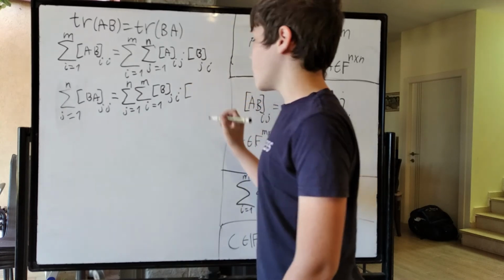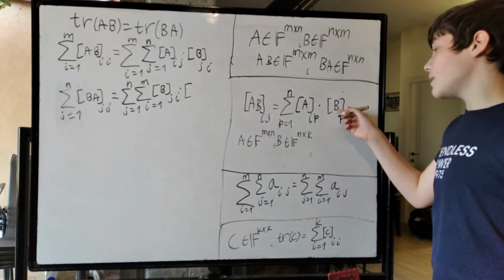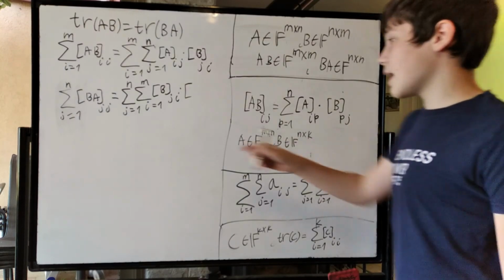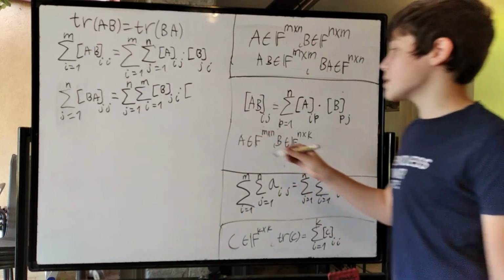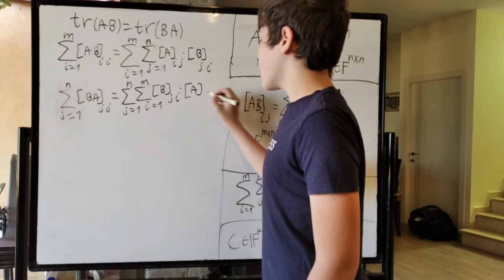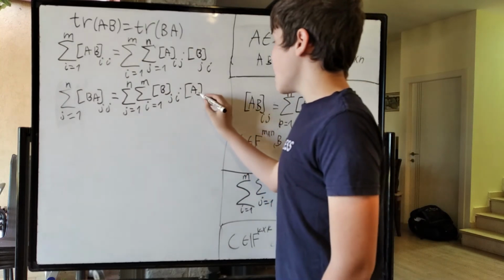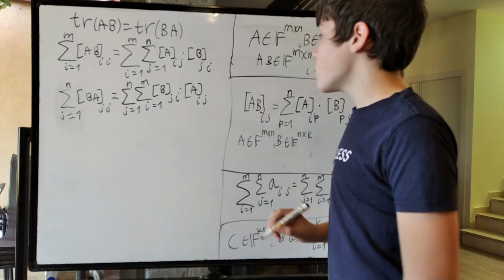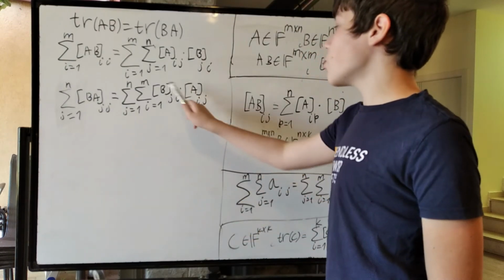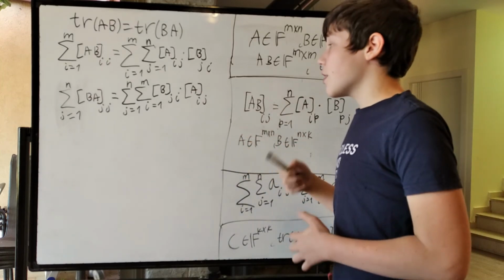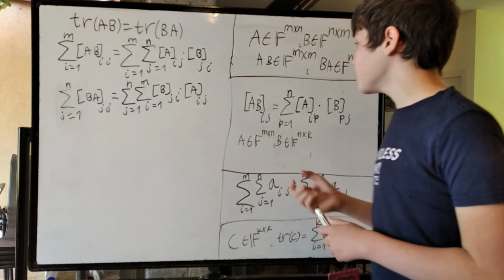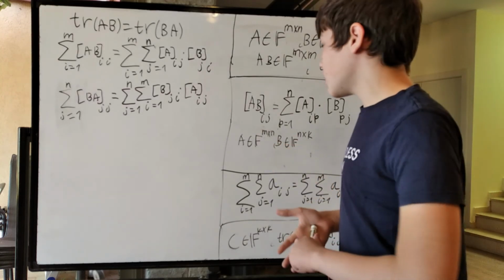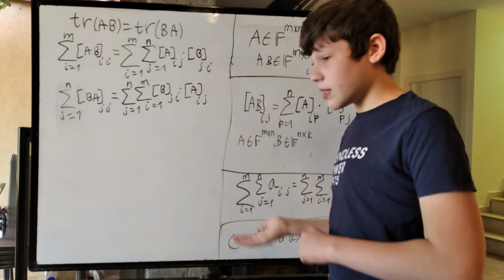And now similarly, instead of B here, we have A. J is actually j here, and p is i. So this is the term in matrix A in row i, column j. Now we can swap these around because they're terms in a matrix. They're scalars, they're numbers from our field F, which the terms in the matrices come from.